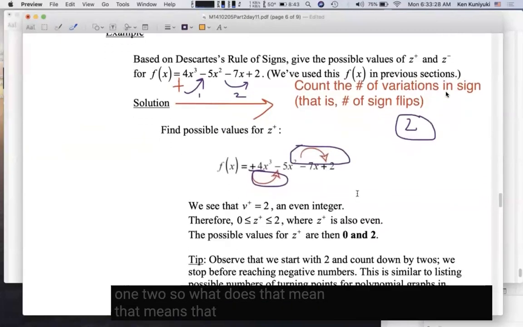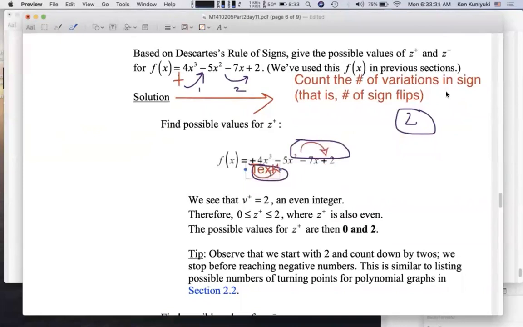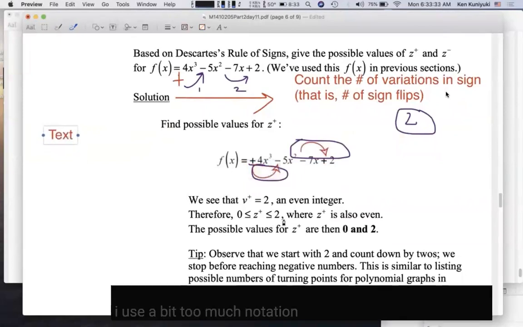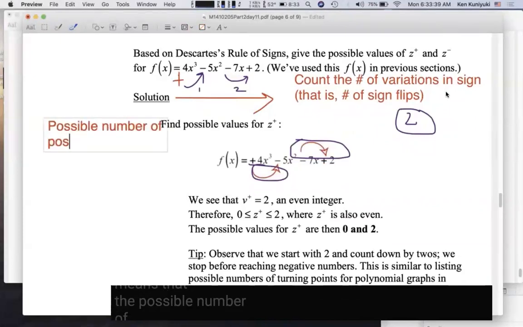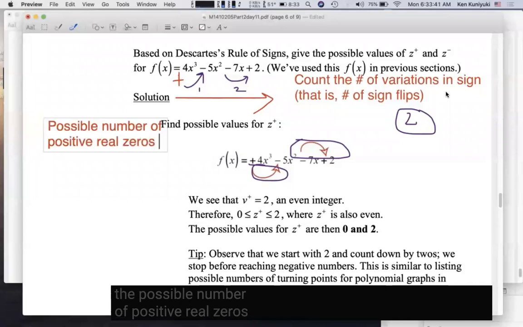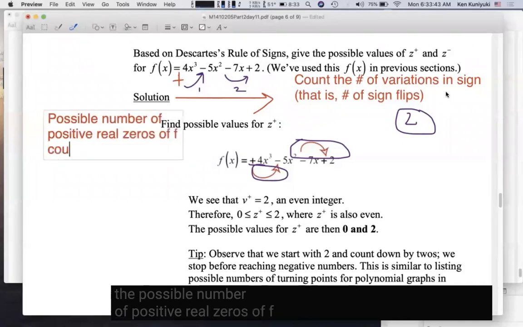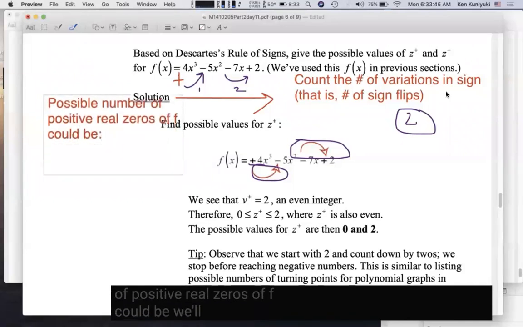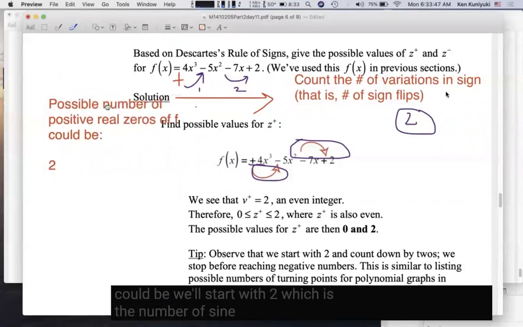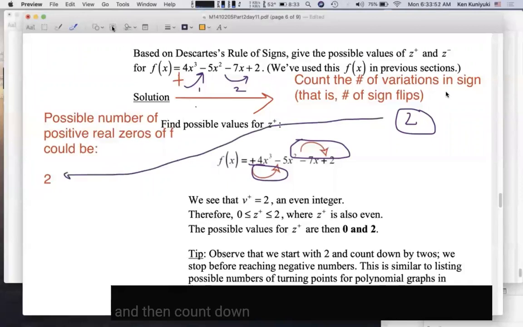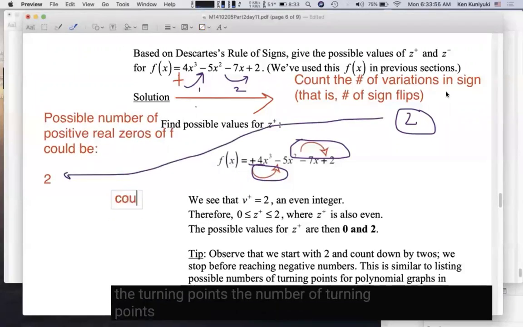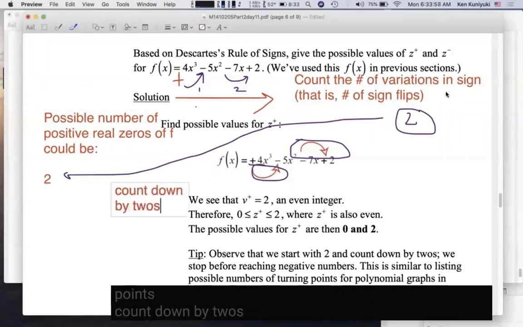That means that the possible number of positive real zeros of f could be, we'll start with 2, which is the number of sign flips, and then count down by 2s. Similarly to the number of turning points, count down by 2s.